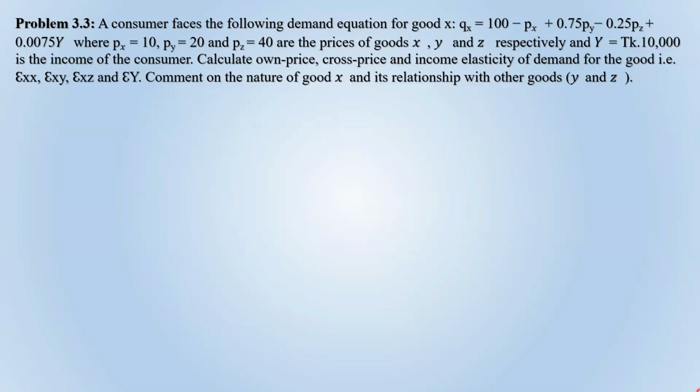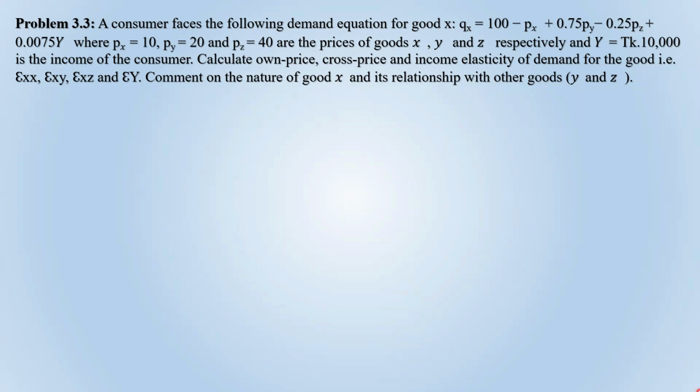Here is our problem. The consumer faces the following demand equation for good X. Qx = 100 - Px + 0.75 Py - 0.25 Pz + 0.0075 Y, where Px = 10, Py = 20, and Pz = 40 are the prices of goods X, Y, and Z respectively, and Y = 10,000 is the income of the consumer.